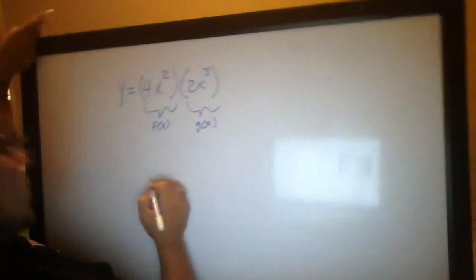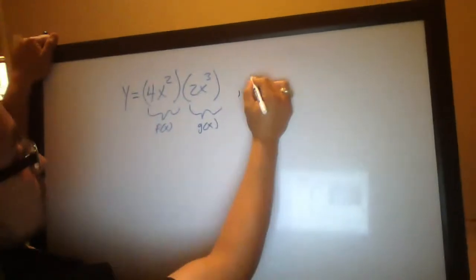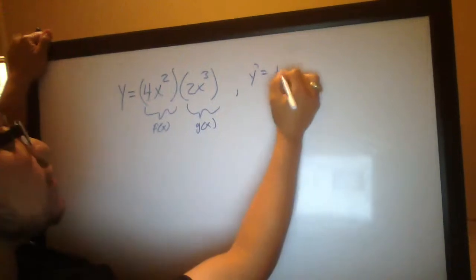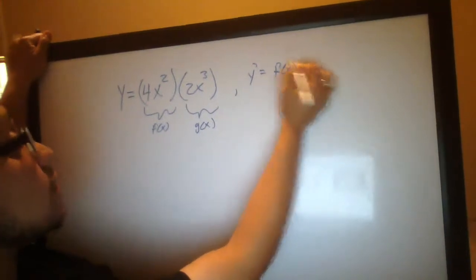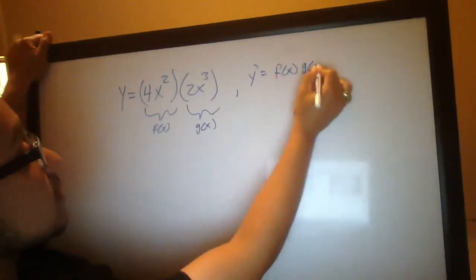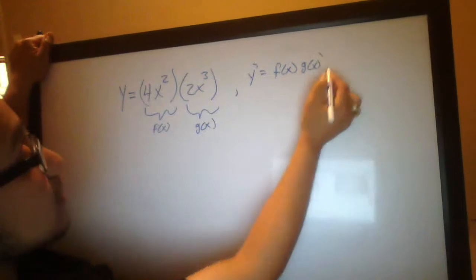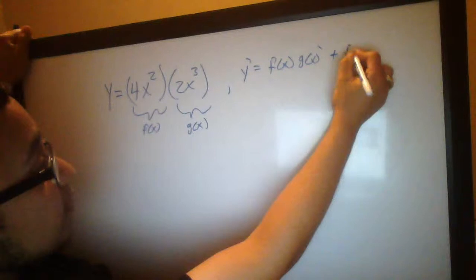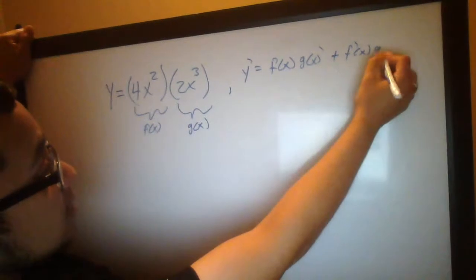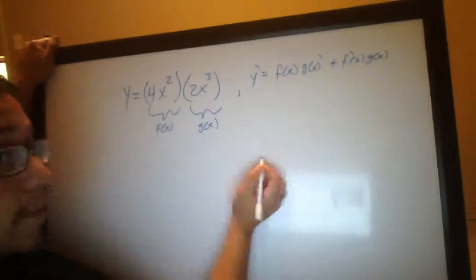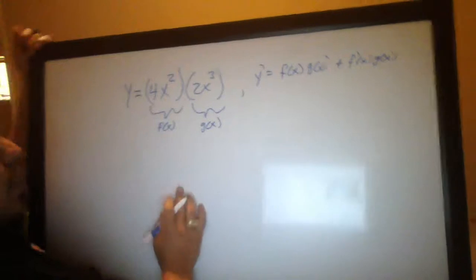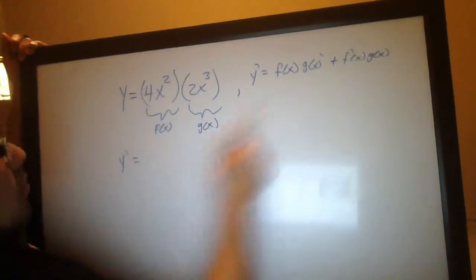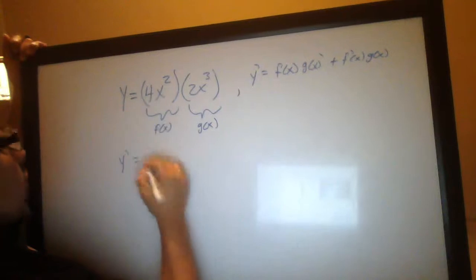So again, here the equation is this. For a product rule, you say y prime is f of x times g prime of x plus f prime of x times g of x. Okay? So first, y prime is equal to f of x, so f of x is just 4x squared.